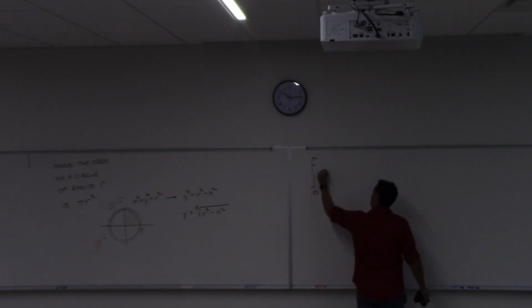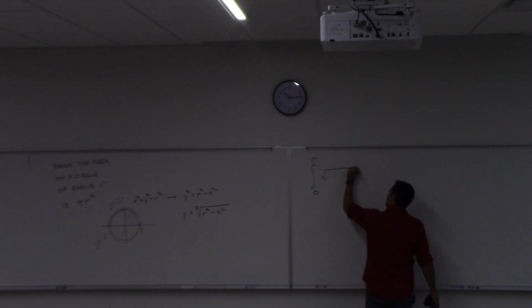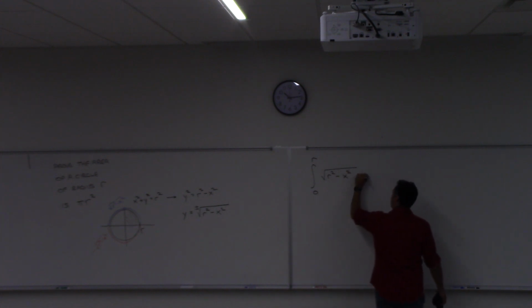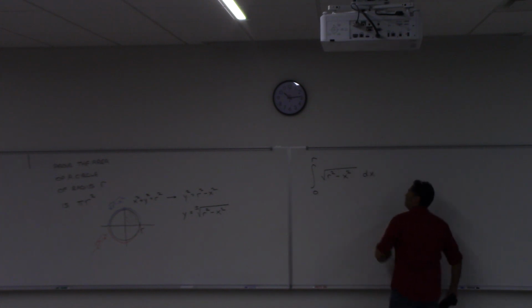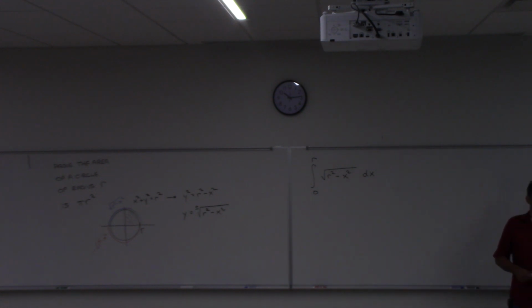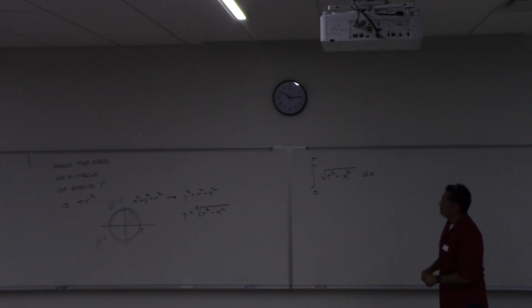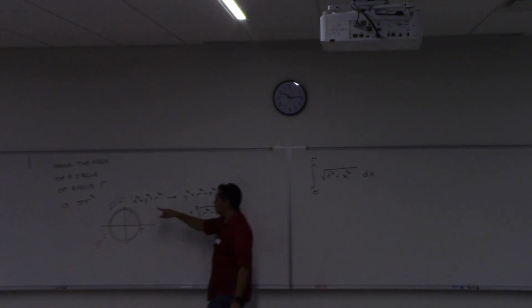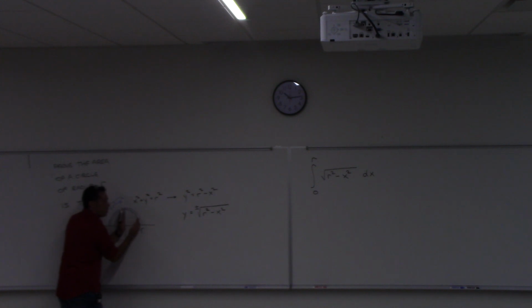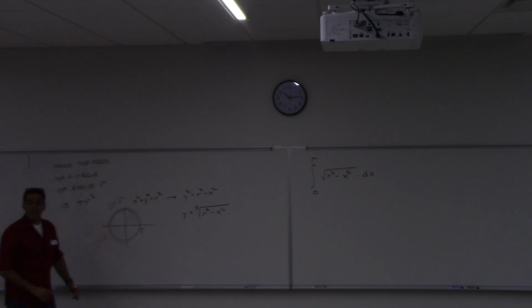Square root of r squared minus x squared, dx. That right there is the blue function right here. We're trying to find the area underneath that, just between here and here, and we're going to multiply it by 4. Yes?